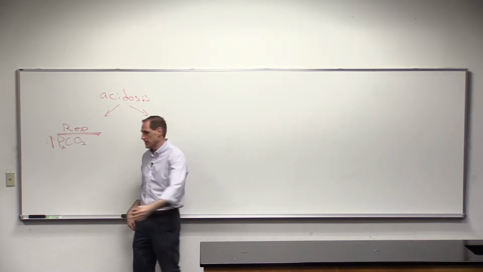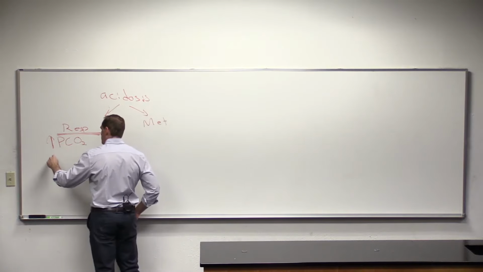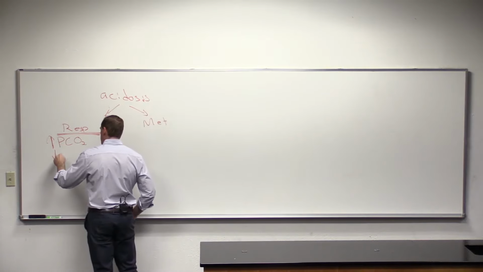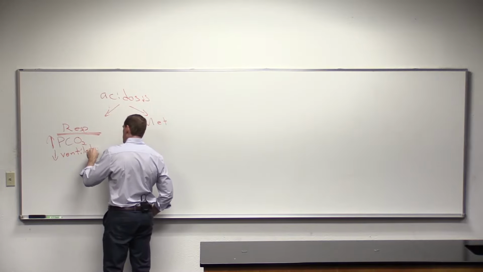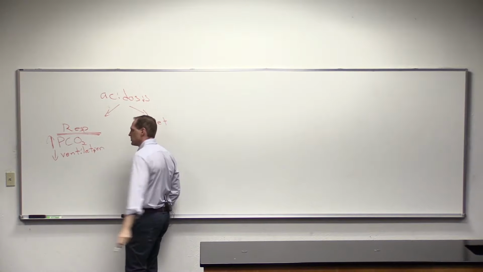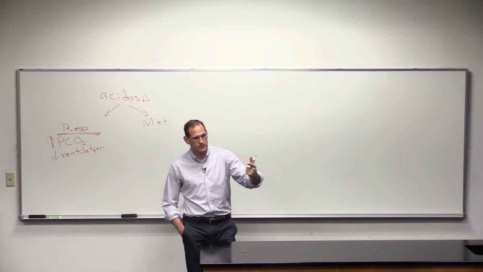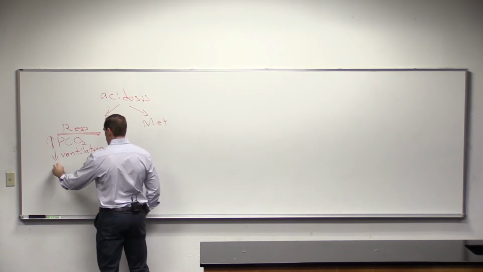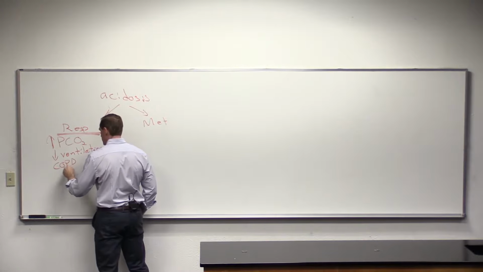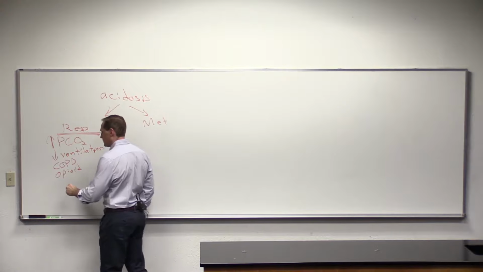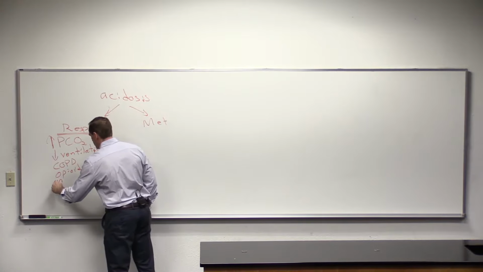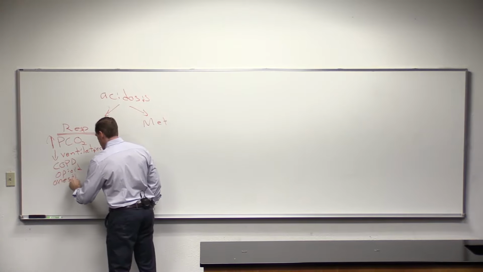So, why does the patient have elevated carbon dioxide? Because they're not breathing enough. So decreased ventilation. So what are some possible reasons why a person would have decreased ventilation? COPD. What else? Opioids. What else? Anesthesia. Give me another one.